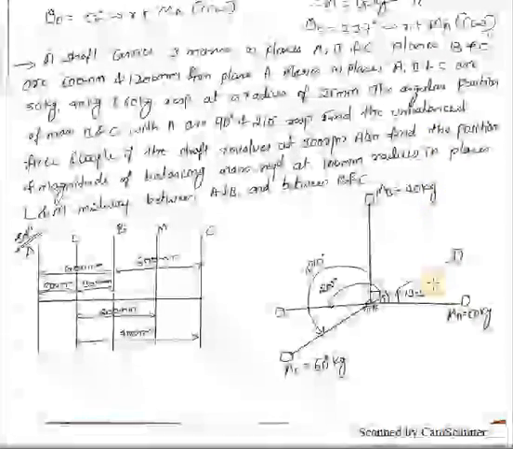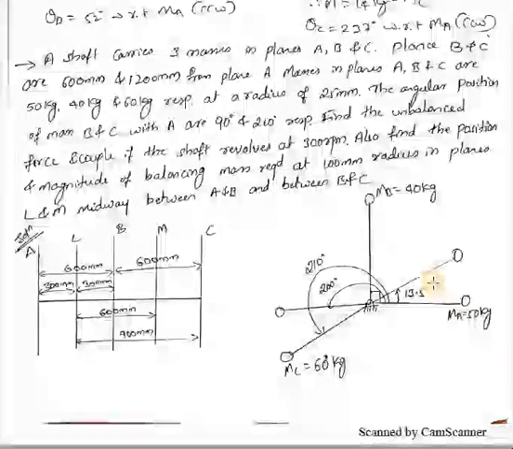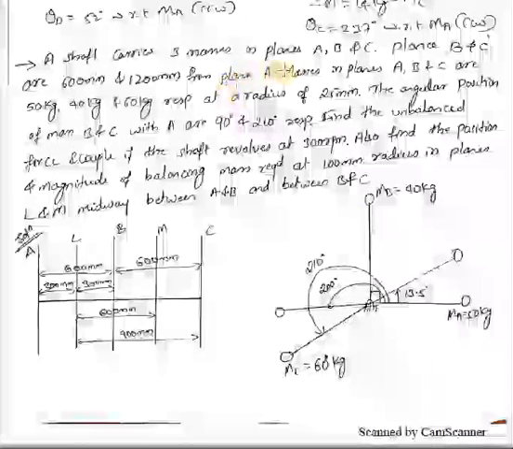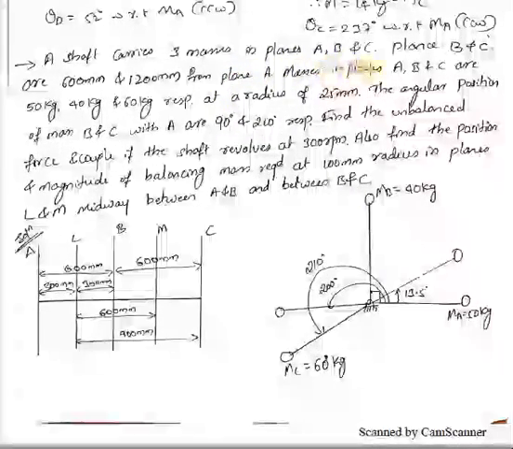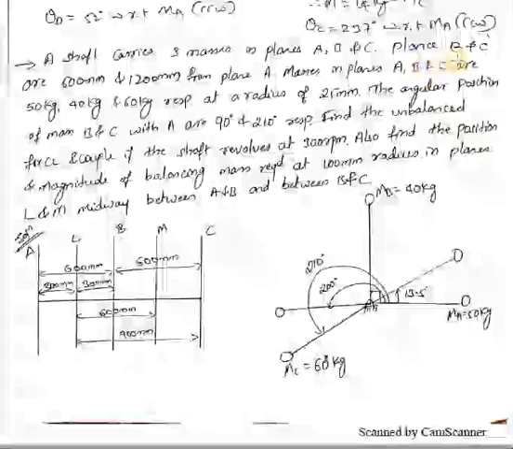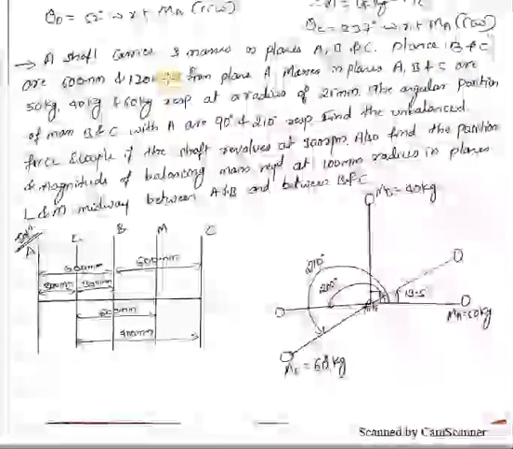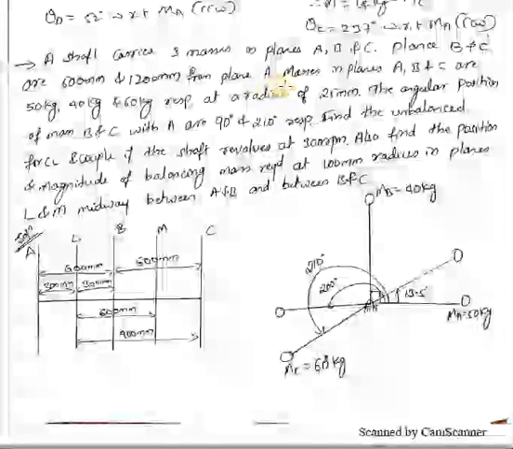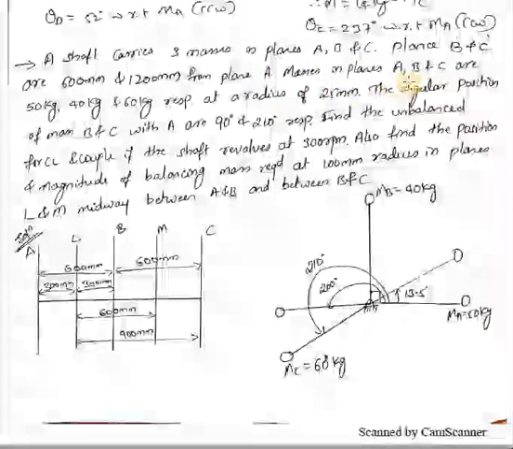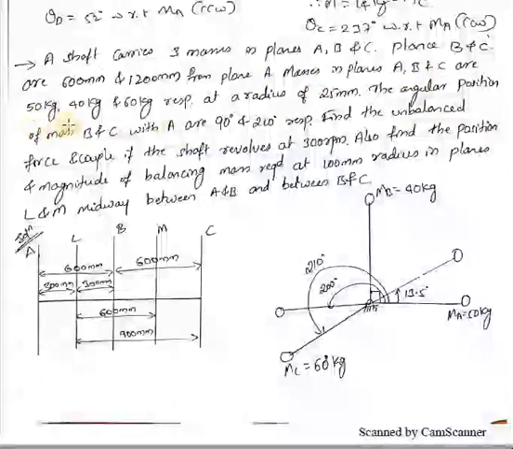Then moving further, a shaft carries 3 masses in planes A, B and C. Planes B and C are 600 mm and 1200 mm from plane A. Masses in planes A, B and C are 50, 40, 60 kg respectively at a radius of rotation 25 mm.